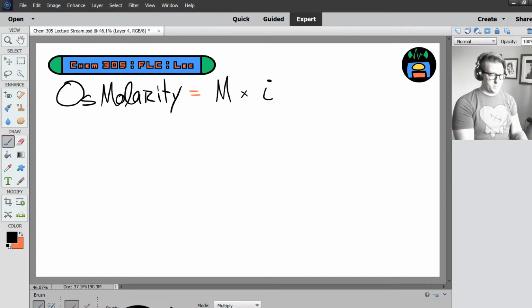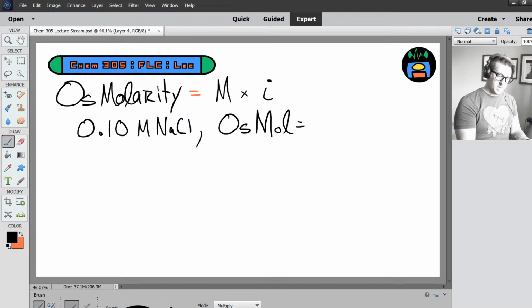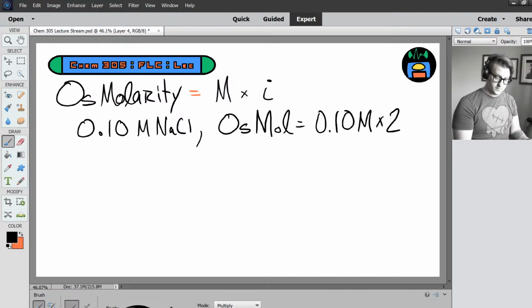So, for example, if you had a solution of 0.10 molar NaCl, the solution would have an osmolarity of, you multiply its molarity, 0.10 times 2, because i for sodium chloride is 2, since it breaks up into 2 ions in solution.